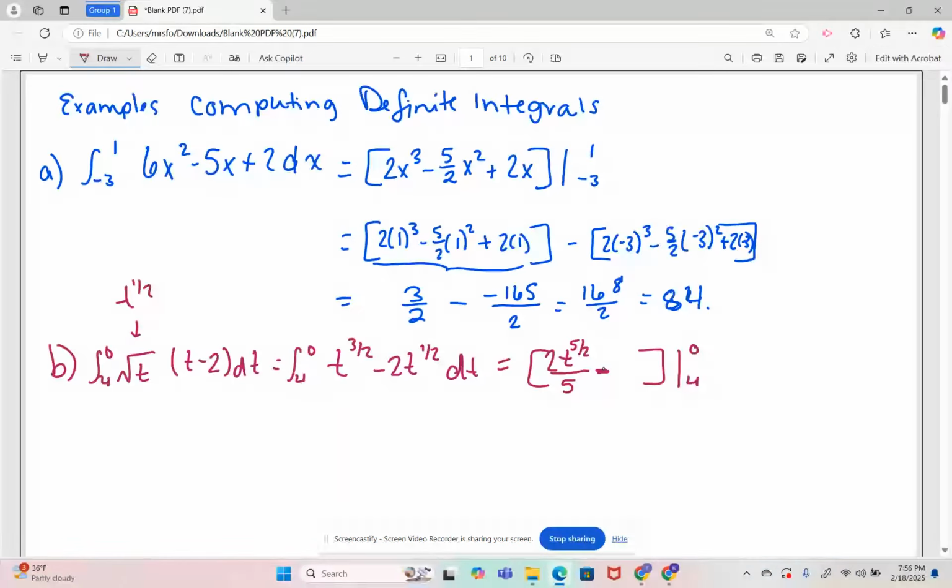So then divide by 3/2, again, that's like multiplying by the reciprocal. So we would have 4 t to the 3/2 over 3.